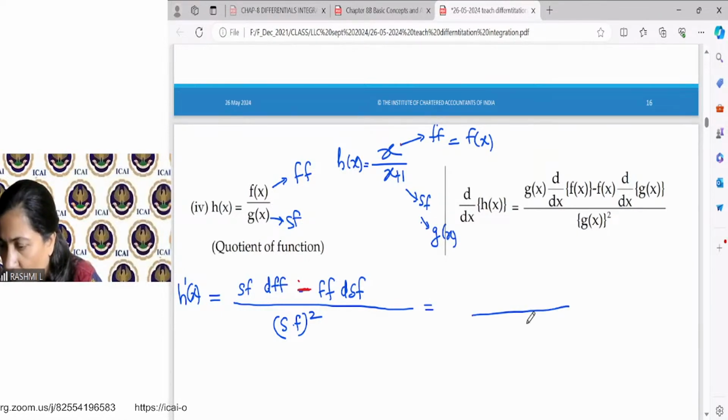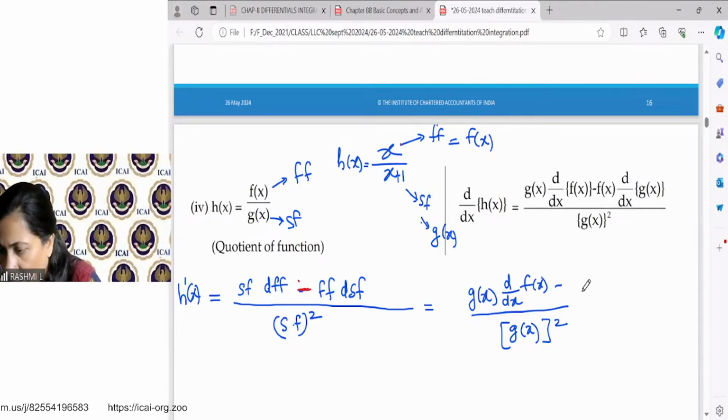This is also equal to gx the whole square, then gx into d by dx of fx minus fx into d by dx of gx.